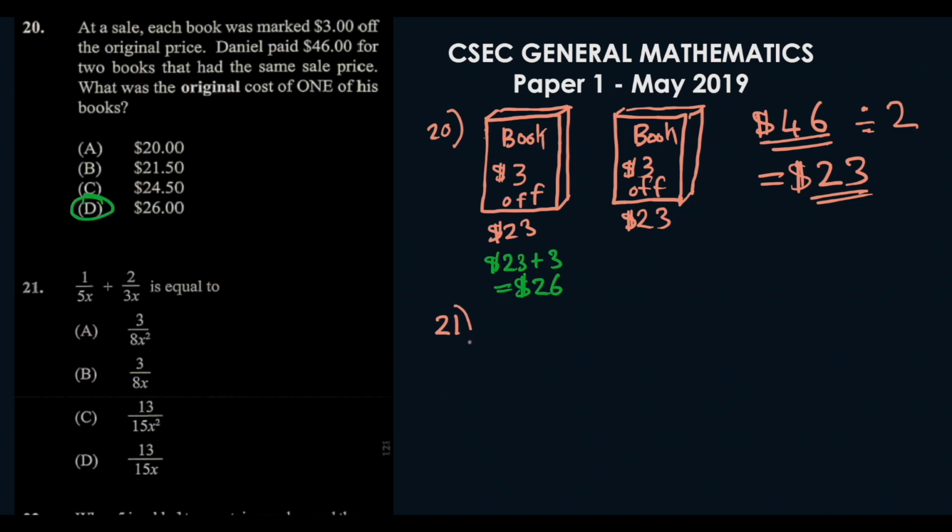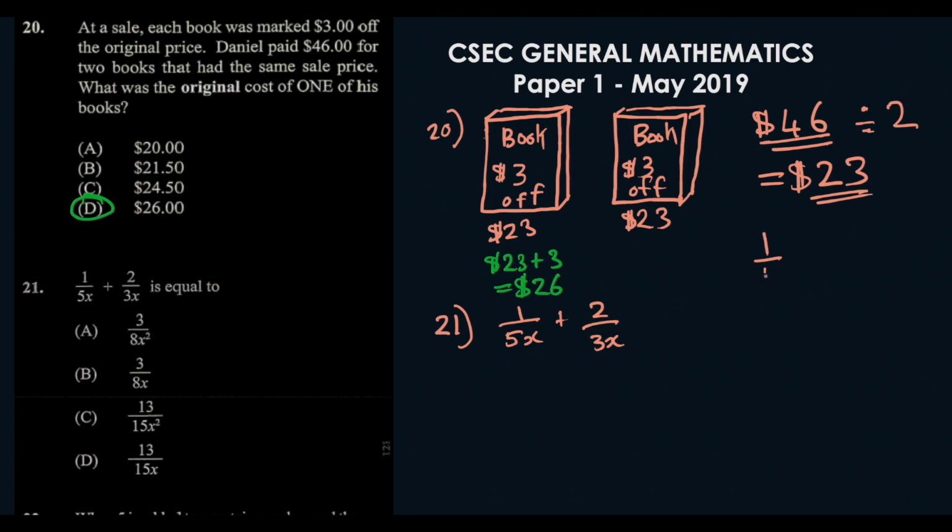Alright, so we have a next question here. We're into algebra territory now. So it says 1 over 5x plus 2 over 3x. Now you know when you do fractions like this, usually we have one problem. We cannot add things like this because they do not have a common denominator.